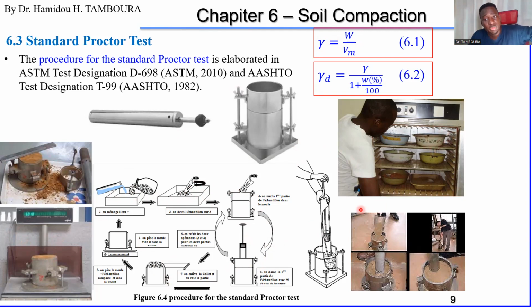Sometimes you cannot do the test within 1 day. Sometimes you have to do like 2 days, because this soil will take at least 1 day to dry, so that all the water will go. Okay, you do this again and again, depending on the number of tests you want, and that's it.